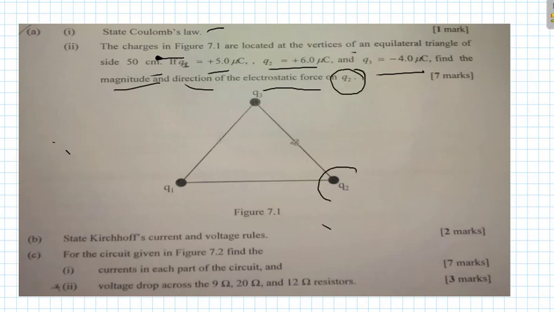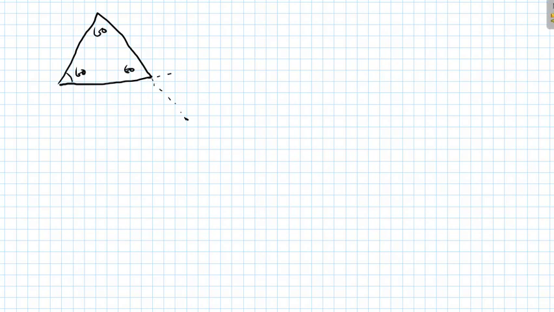So let me reproduce this triangle. We have been given that it is an equilateral triangle. Therefore, it is 60 degrees there, and also 60 there.